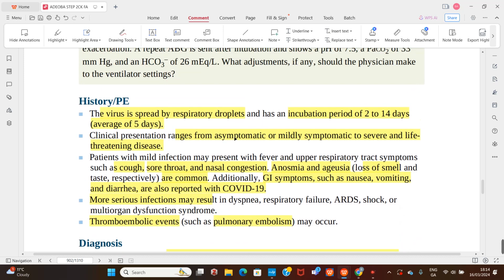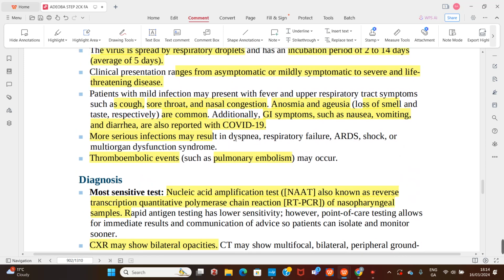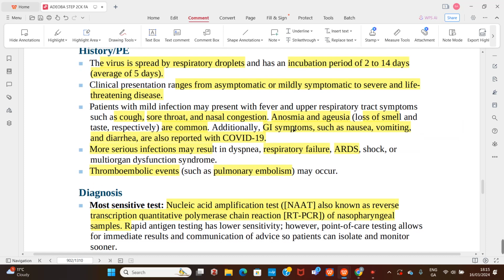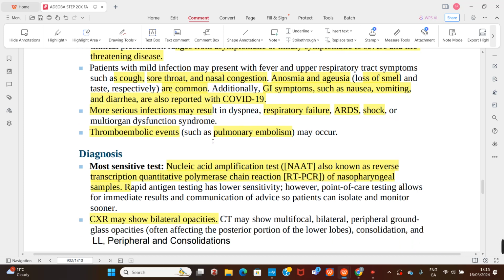Just like we said, it's multi-systemic. It can affect the lungs, causing ARDS, leading to respiratory failure. Of course, the reason is not far-fetched. We already said it's associated with cytokine storm. So the cytokines can get to the lungs and vasculature, cause ARDS and lead to shock. It can affect the kidneys, the liver, the bone marrow, different organs.